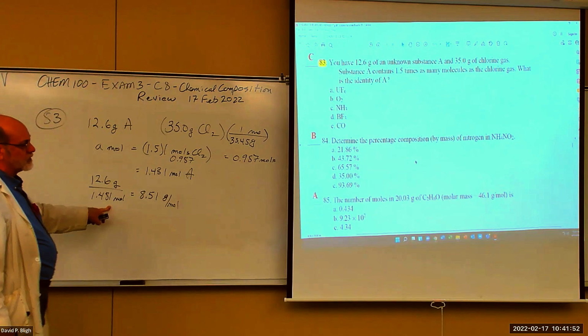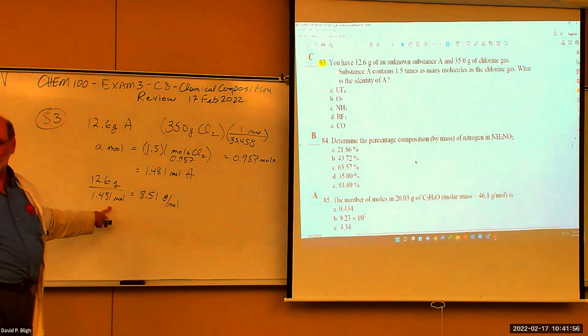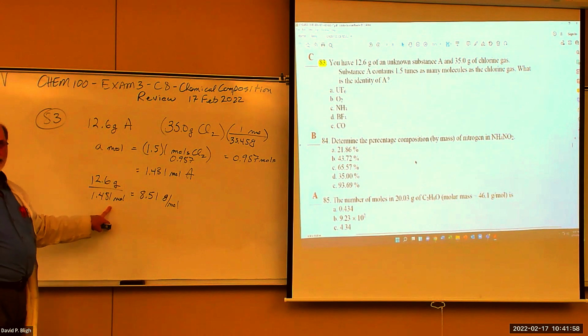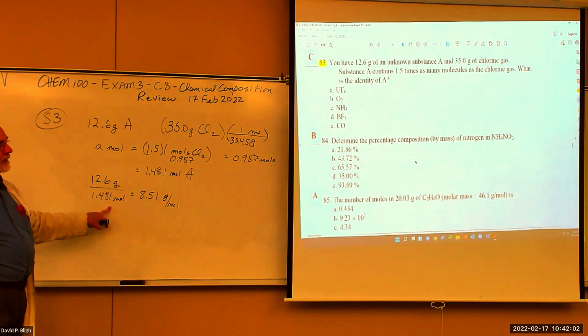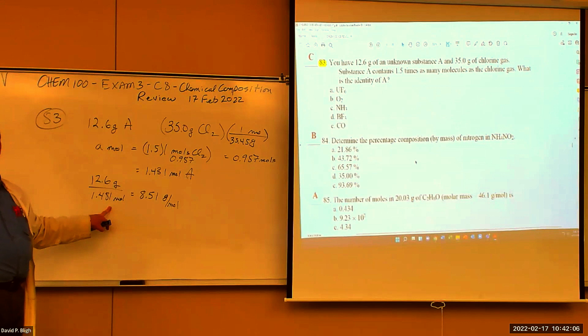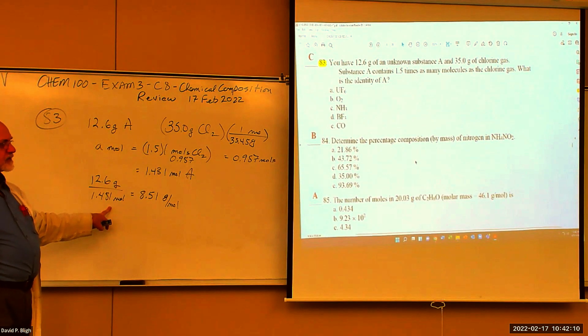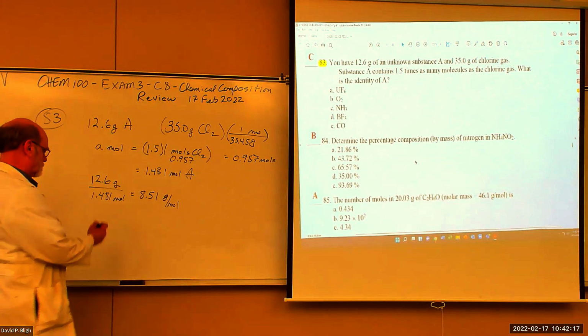So it can't be oxygen because oxygen is 32. Uranium hexafluoride is out because one atom of uranium is 238. Boron trifluoride, maybe, but 3 fluorines is 3 times 19. Carbon is 12, oxygen is 16. It can't be that one. Ammonia. That's the answer, ammonia.